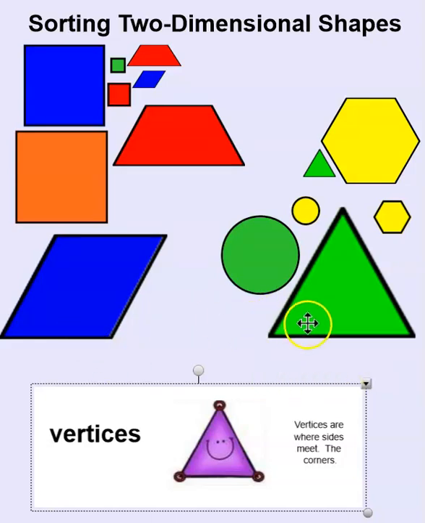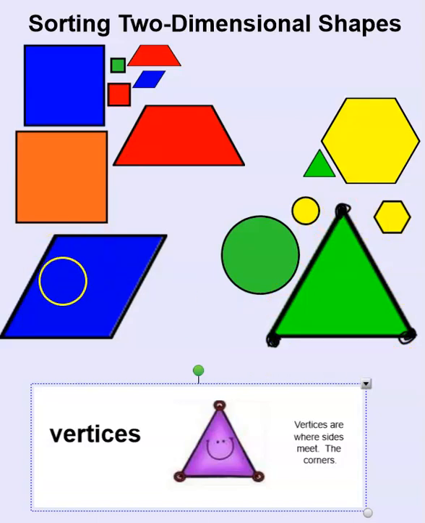So let's look here at this triangle, this green one. Does it have vertices? Yes. Right here is where the corners meet. And here. So how many vertices are on the triangle? Let's count. 1, 2, 3.